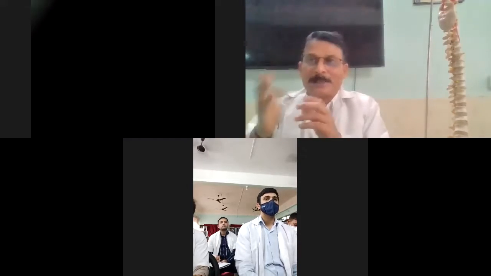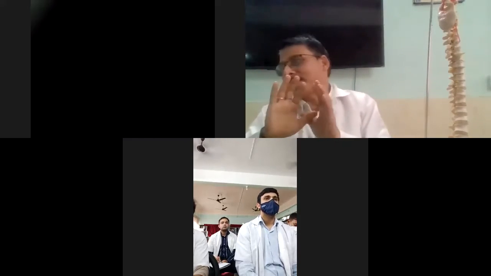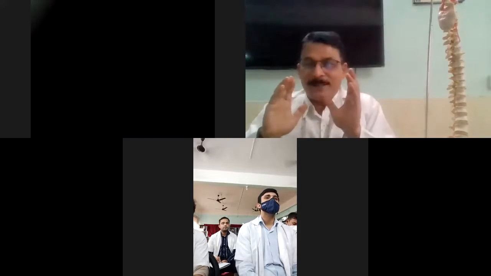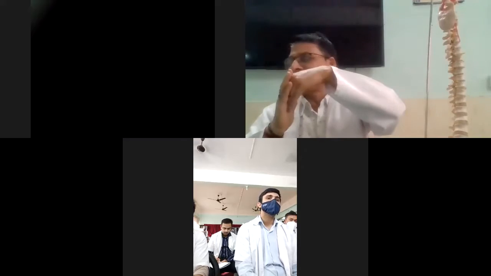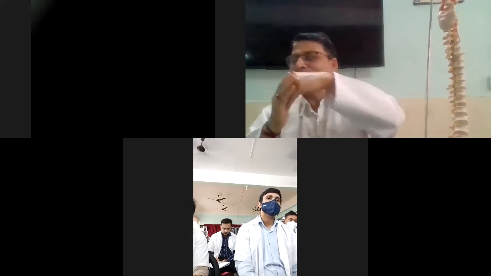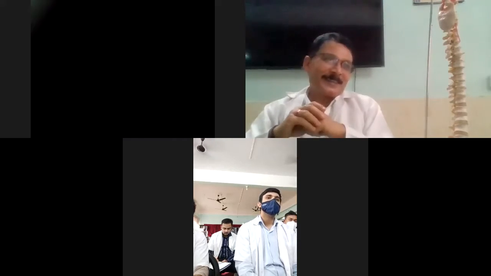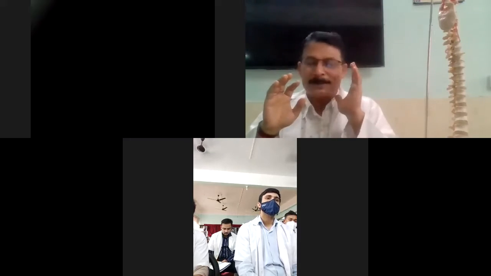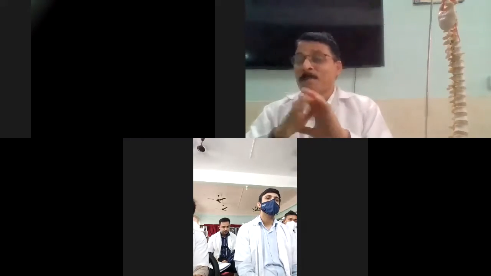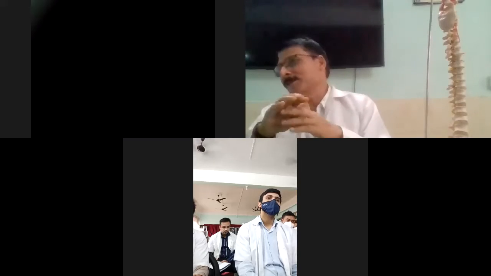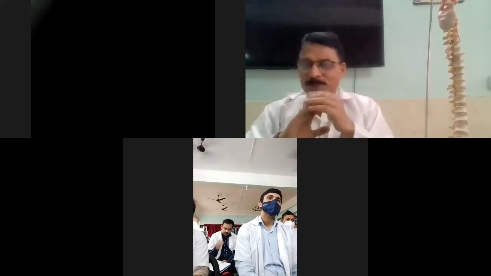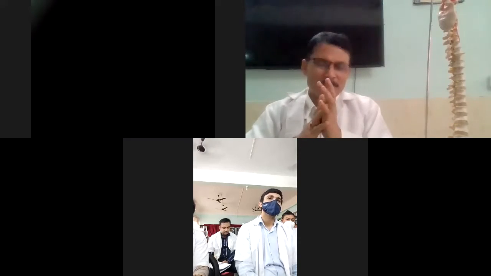Rotation is very much limited in the lumbar area because of the design of the joint and its plane, which does not allow rotation. So in the lumbar area you can have flexion and extension, and to some extent lateral bending also contributes. But rotation is mostly in the thoracic spine because of the design of the joint.